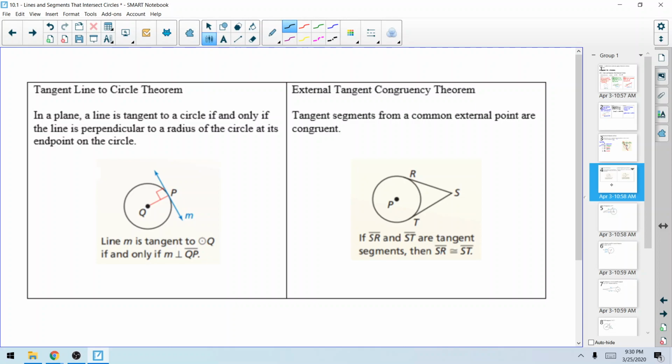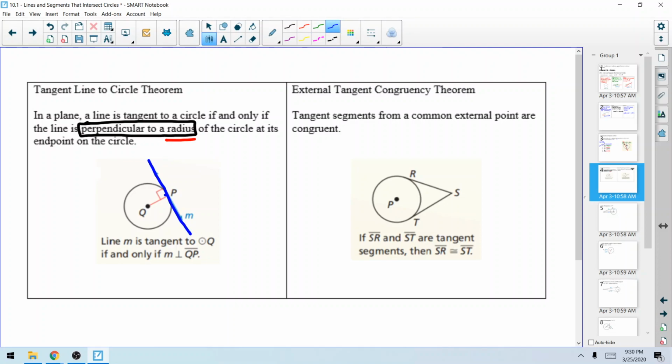Tangent line to a circle theorem. In a plane, a line is tangent to a circle if and only if the line is perpendicular to a radius. And the key word here is radius of the circle at its endpoint on the circle. So, do you guys remember that a tangent is a line, look at the blue one, that only intersects the circle at one point?